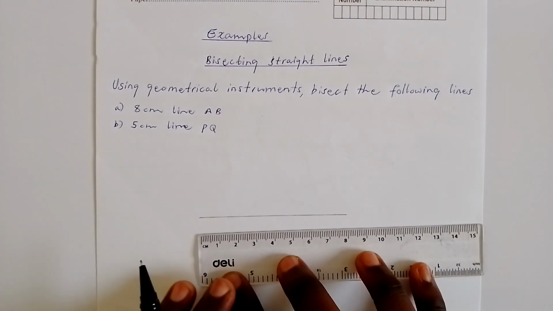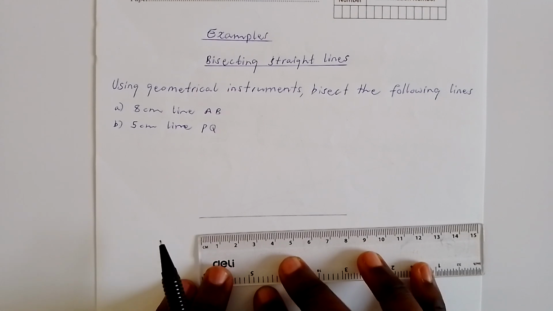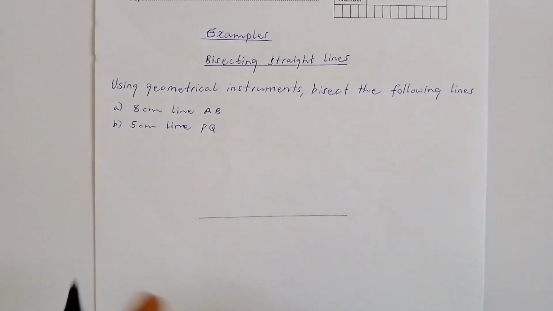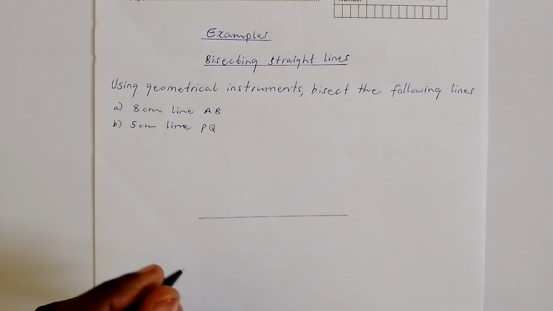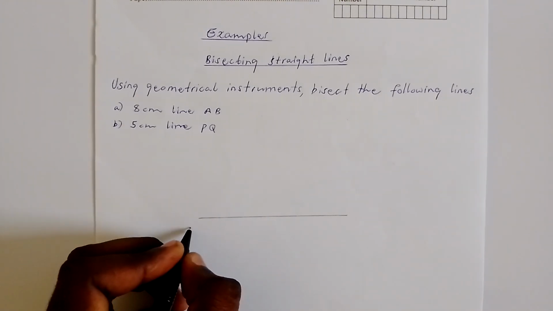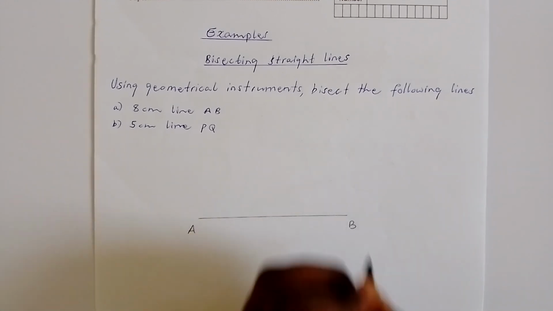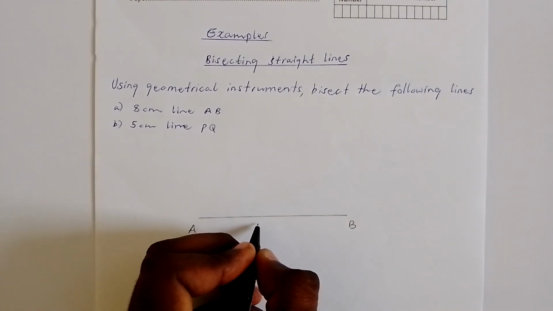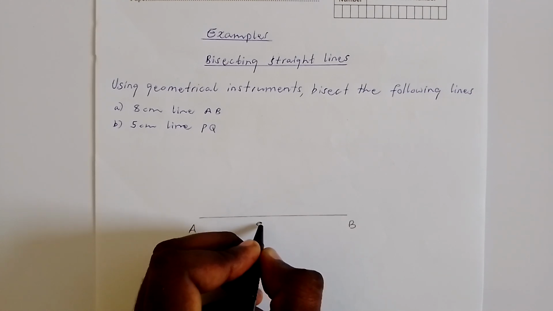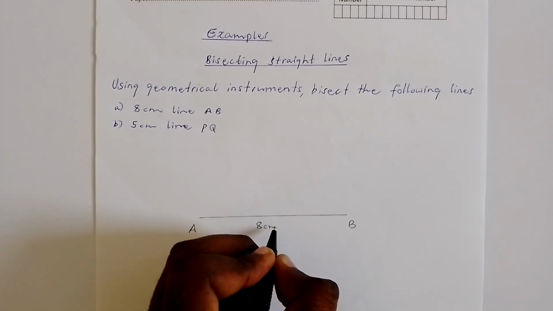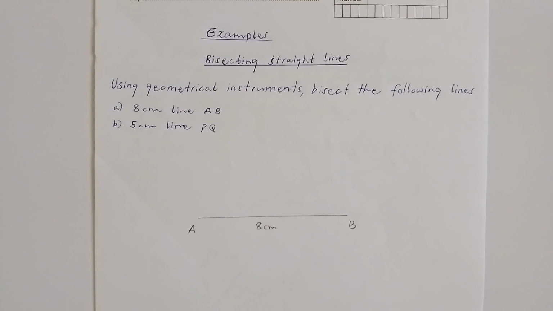Alright, so this is exactly equal to 8 centimeters. I'm sure it is visible enough to you. Okay, so this is line AB. Don't forget to indicate that this is 8 centimeters. So that is what you do when you're asked to draw a line of a certain length.